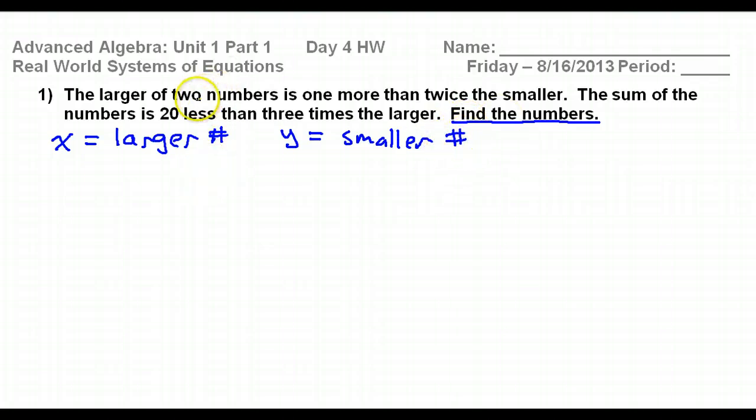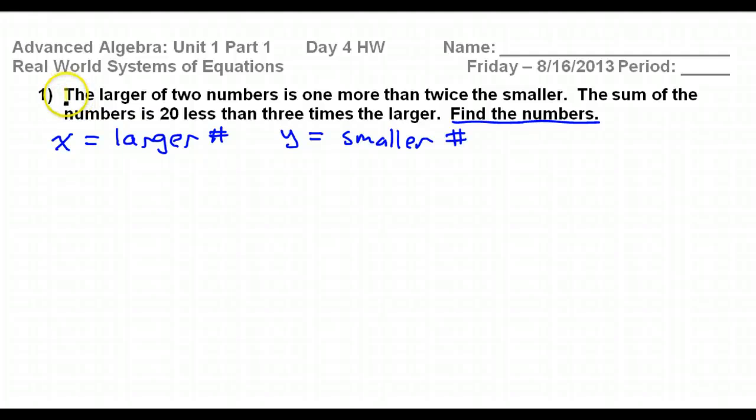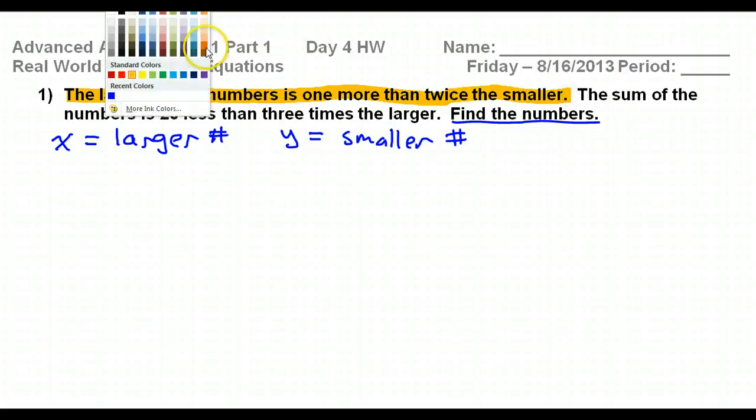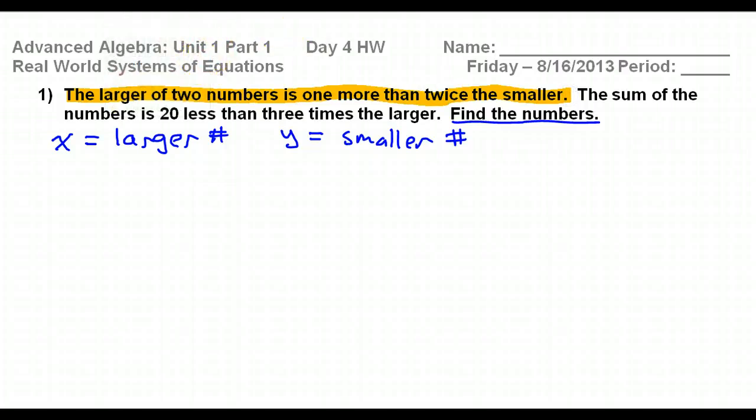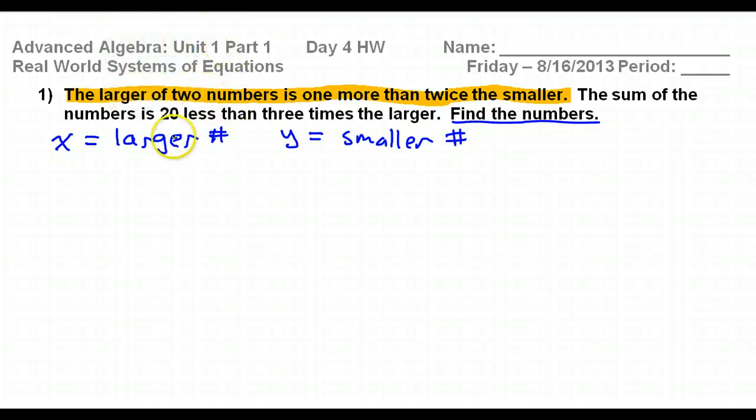Okay, now with that in mind, I need to make my equations. Here comes the first equation. The larger of the two numbers is one more than twice the smaller number. I'm going to get an equation out of this first sentence.